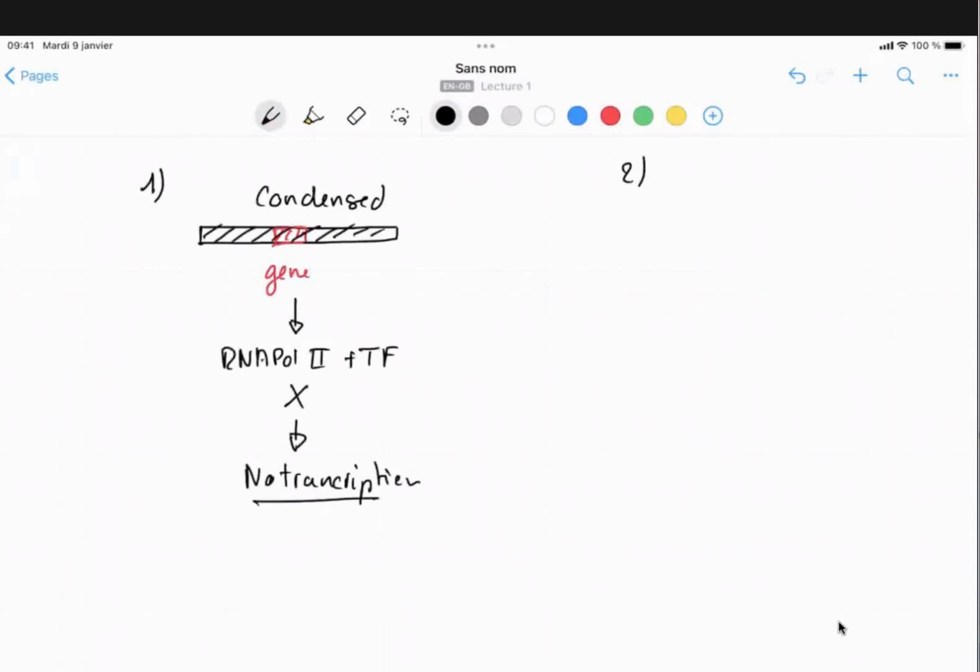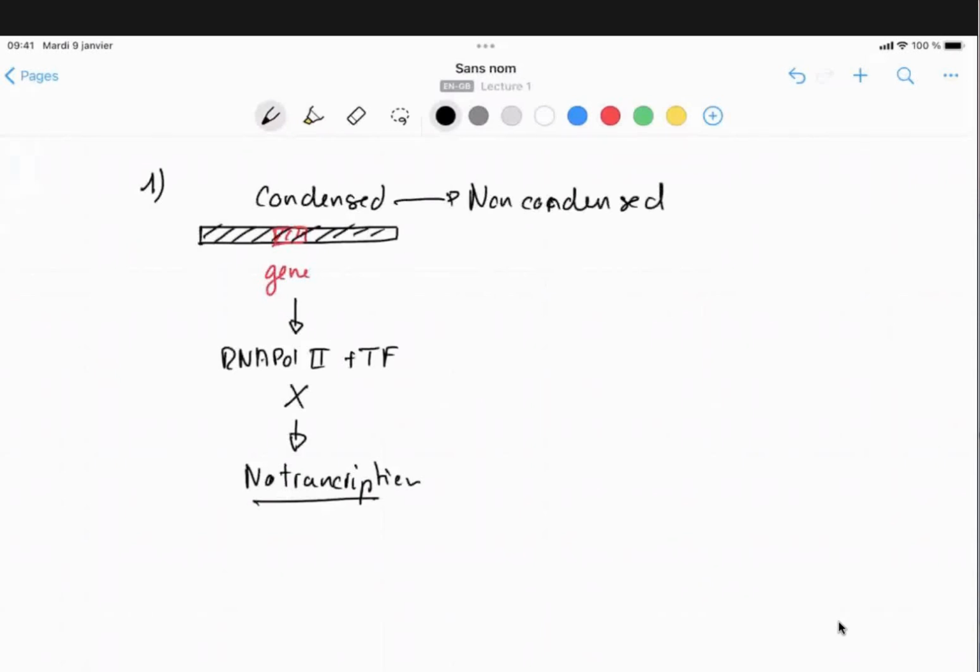So one way to activate the red gene is to shift from condensed to non-condensed.